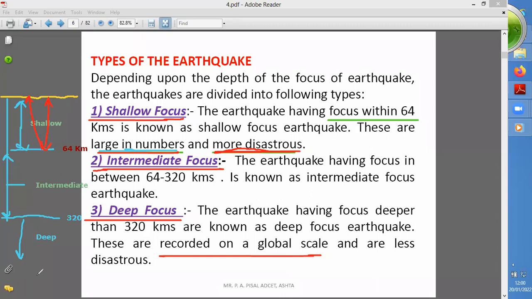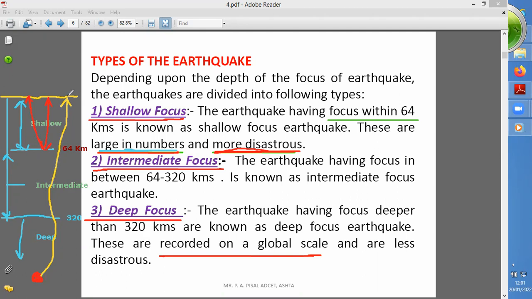Why are they considered less disastrous? Suppose this is the depth of focus point at very great depth inside the earth. When the earthquake waves are generated from this place and come to the surface, it takes too much time.